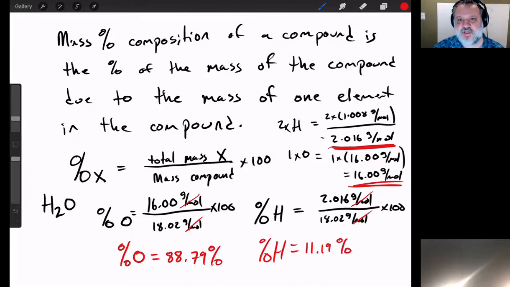Now what happens when I add 11.19 plus 88.79? What do I get? I get 99.98%. What's the problem there? What's going on there? Why isn't it adding up to 100?